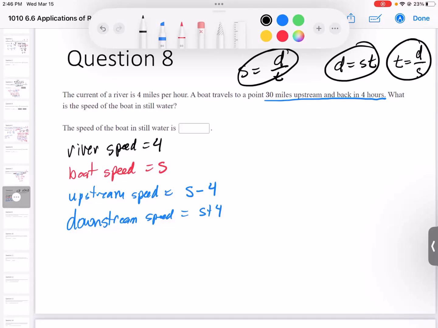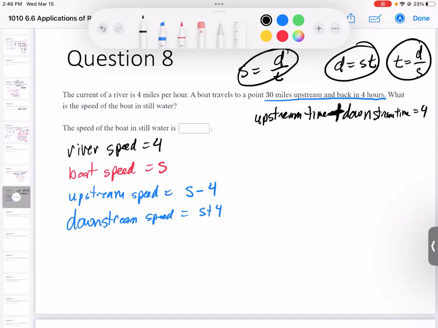So I'm going to write an equation where I'm going to say upstream time plus downstream time equals 4. Because however long it takes to go upstream plus however long it takes to go downstream, that equals a total of 4 hours.